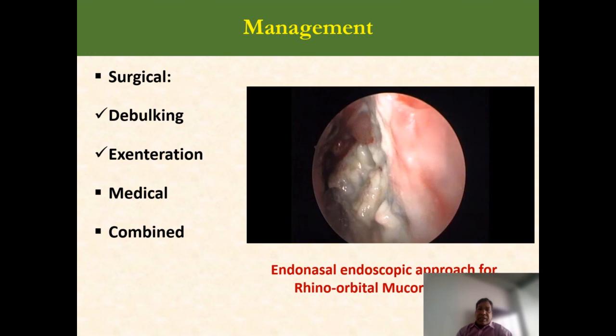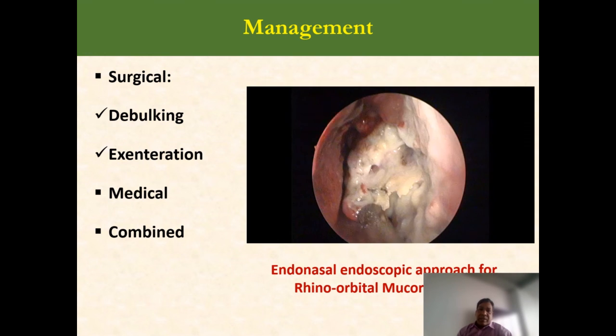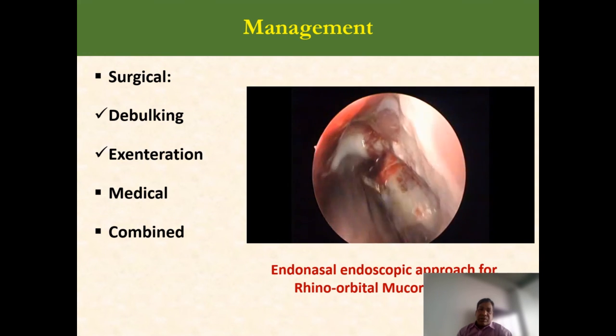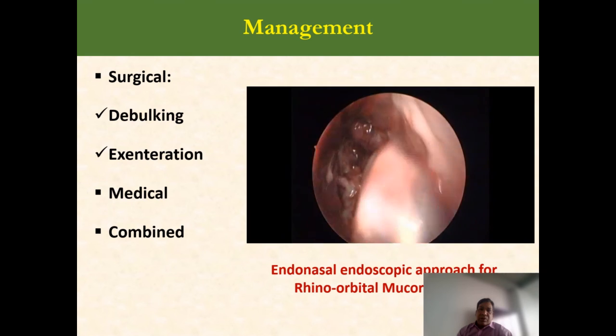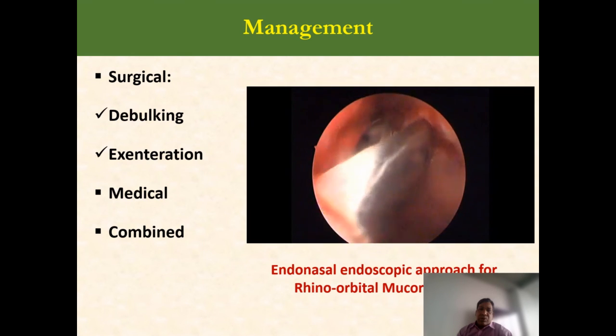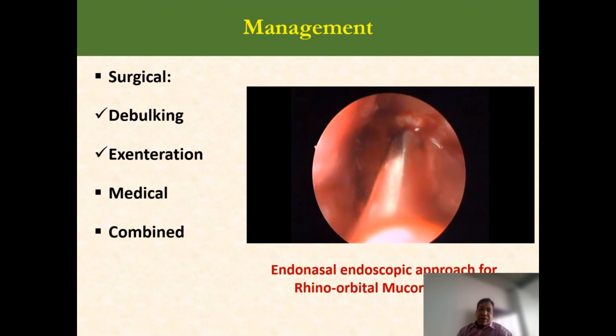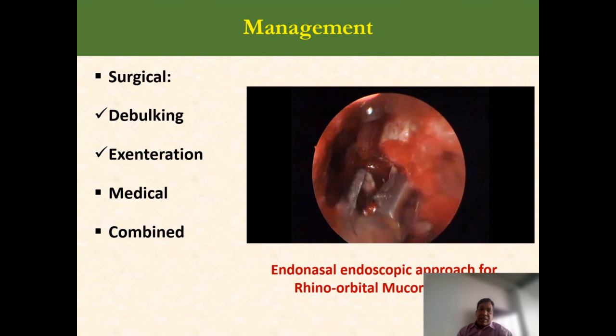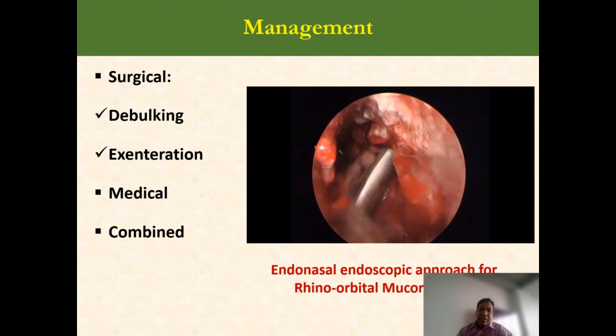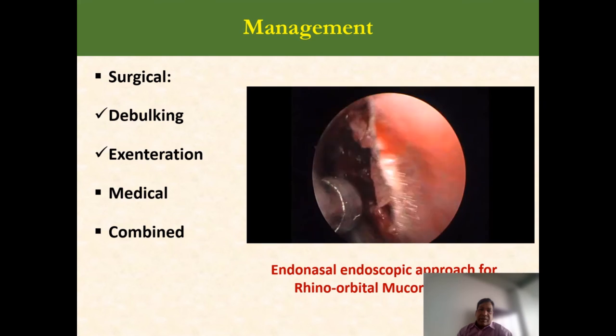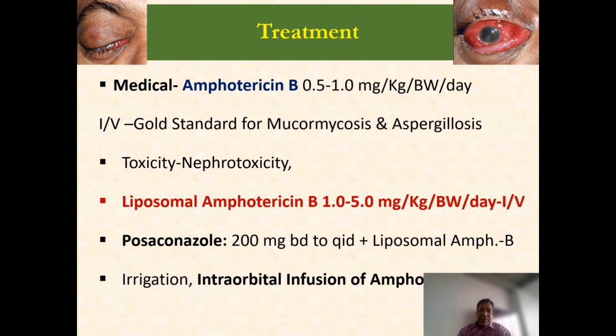This video is showing an endoscopic endonasal approach to reduce the burden of fungal tissue from the sino-orbital area. Amphotericin B, like lipid formulation or liposomal amphotericin B, is helpful for the management of mucormycosis or aspergillosis.